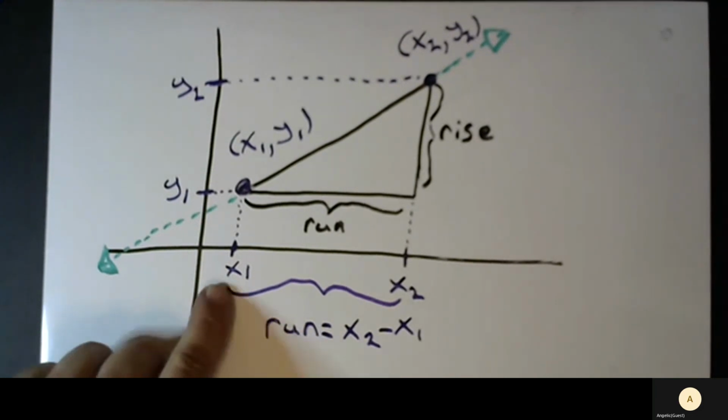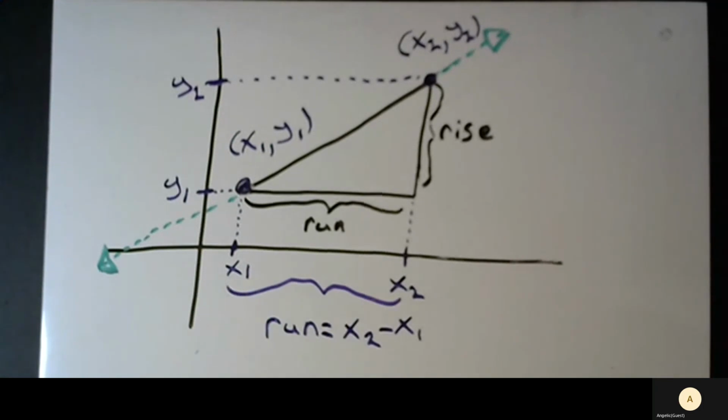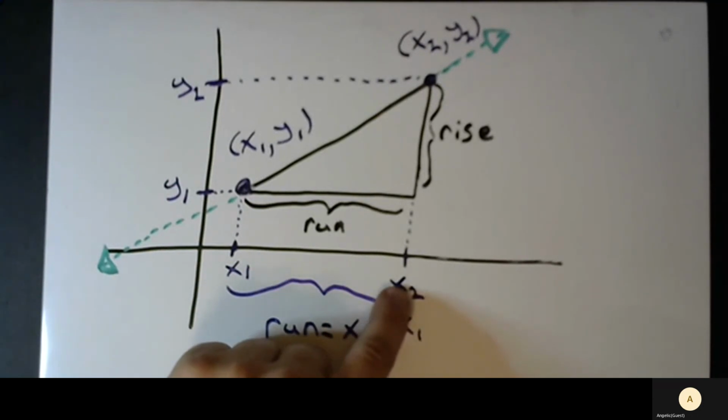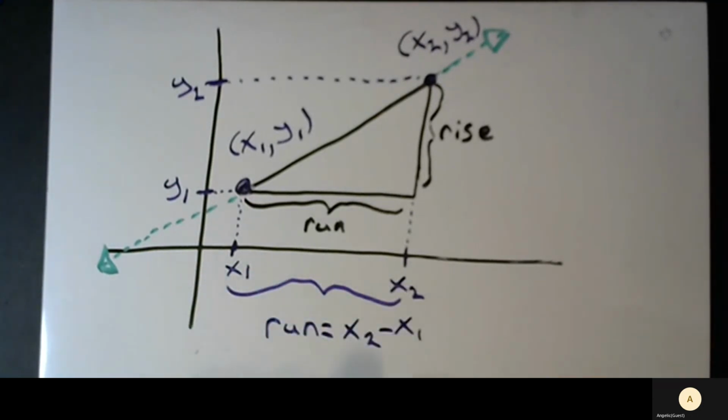Like if this is 3 and this is 5, then the distance between 3 and 5, well, that's 2. So if you're at mile 3 and you need to get to mile 5, well, the distance is 2 miles. So 5 minus 3 miles will give you 2 miles.